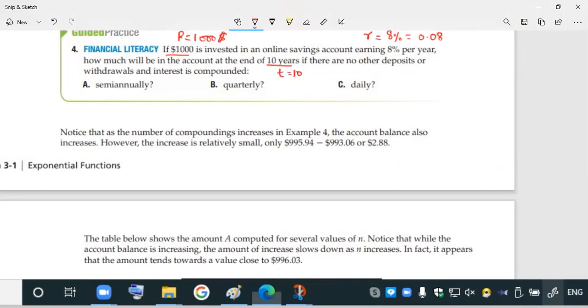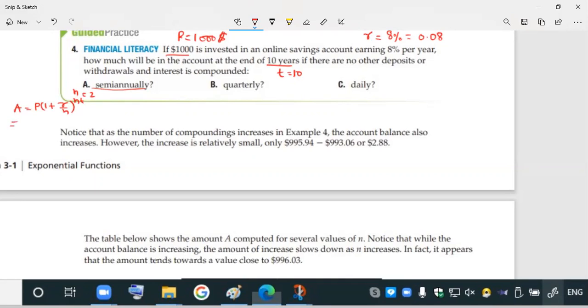Okay. So if we do it semi-annually first, for semi-annually, N is equal to what? 2, because in a year, semi-annually means 2 times it will be compounded. And the formula is A is equal to P into 1 plus R upon N raised to power NT.